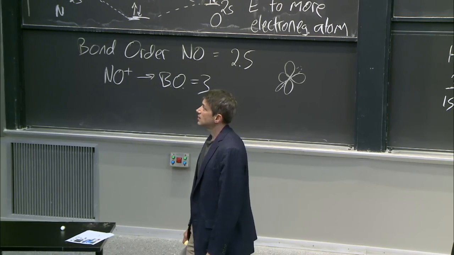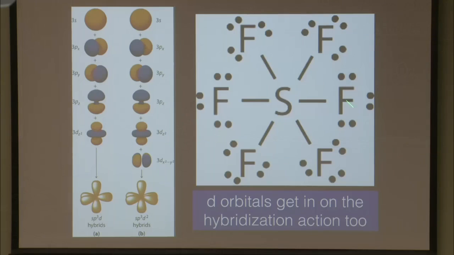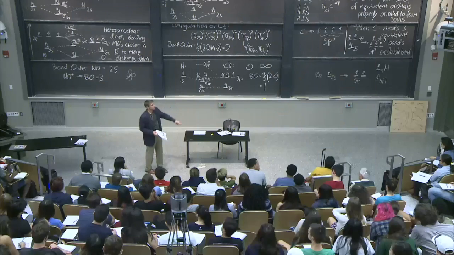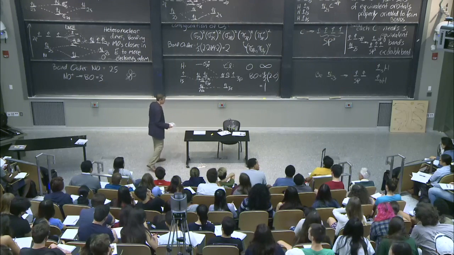So that's going to have to take some d orbitals and create these hybrid orbitals. They're beautiful because now the sulfur can say, hey, I can take 6 of you and be equivalent bonding to all of you. That's what hybridization is. It's written right up there. We're just saying the same thing.